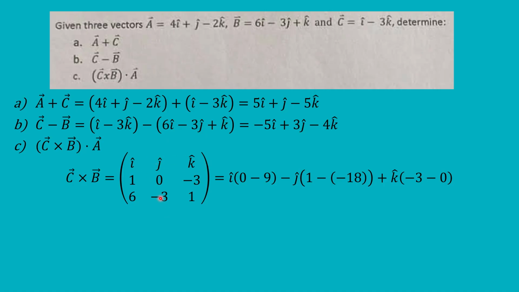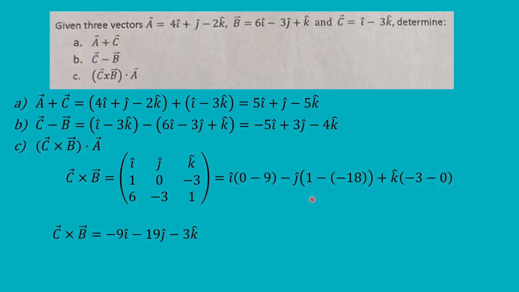So we'll just have 1 times 1, that's 1, minus 6 times minus 3, so minus 18. Then for the k hat, this will not be included. So that's 1 times minus 3, that's minus 3, minus 6 times 0, that's 0.